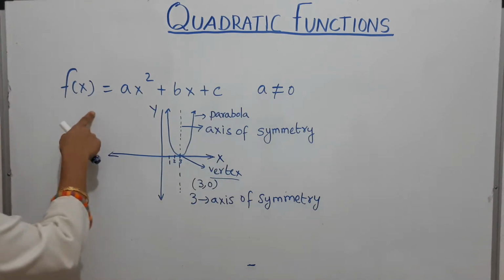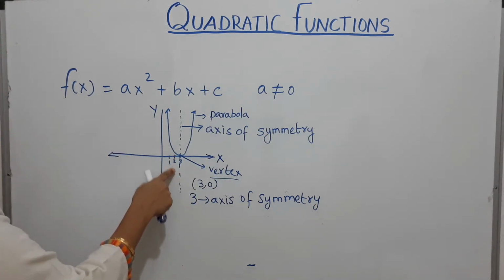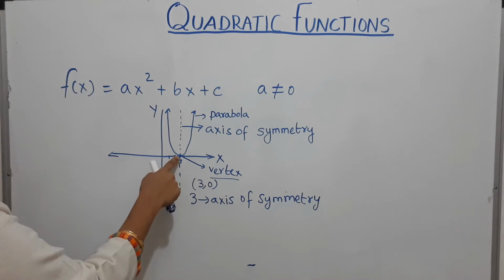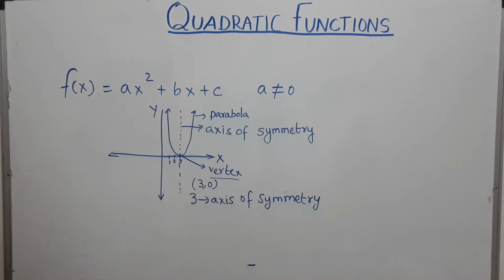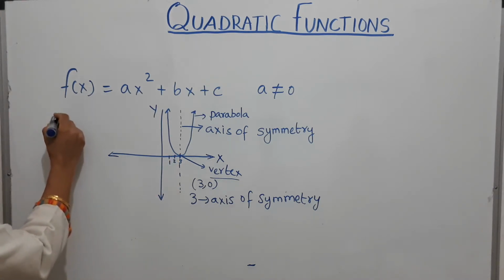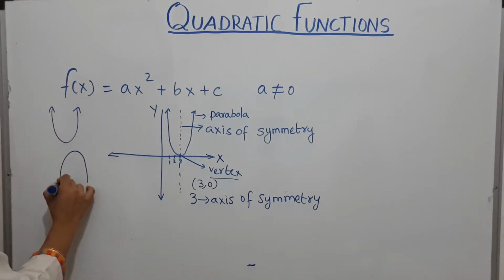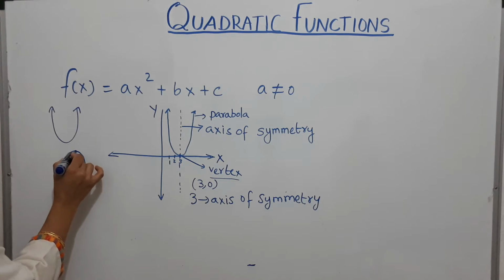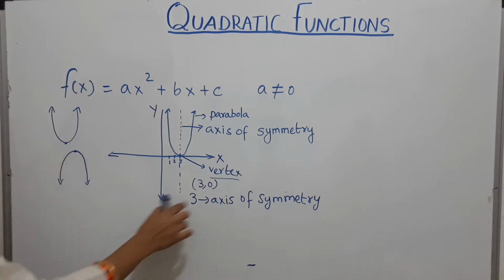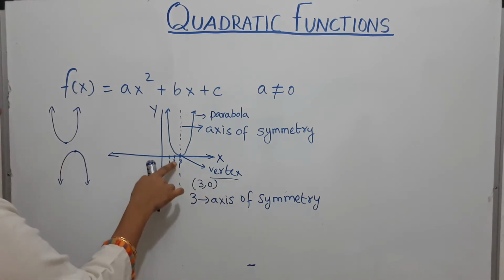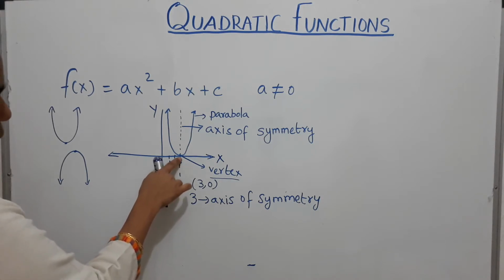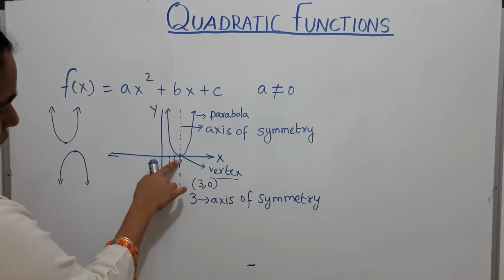The shape of the quadratic function will be a parabola, and it could be upwards or downwards. Here in this case it is upward, or otherwise it will be downward. The point where it is turning is called the vertex. In this example, the vertex is the point where it is turning, which is (3, 0).